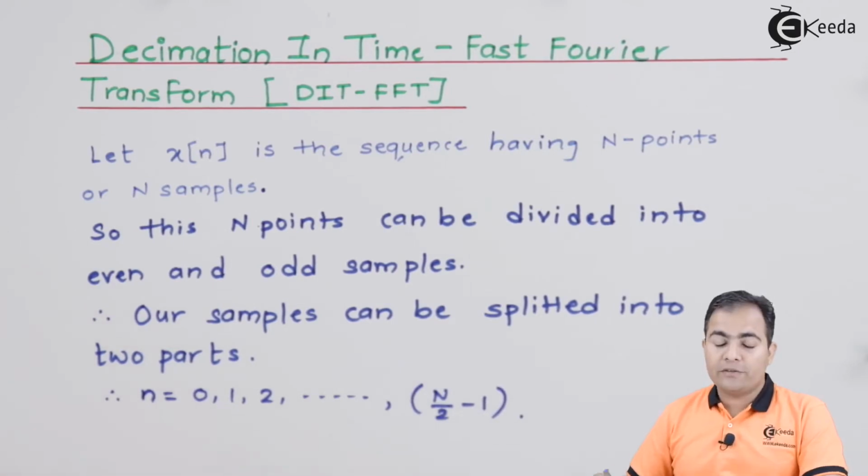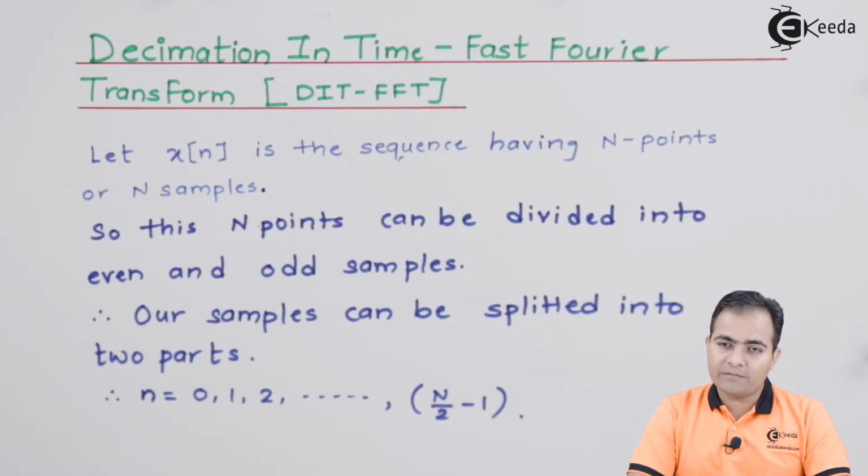This will be the limit for even samples as well as odd samples. So let's say I divide my function into two parts. Let's say f1 of n is the function for even samples, and f2 of n is nothing but my samples for odd values.